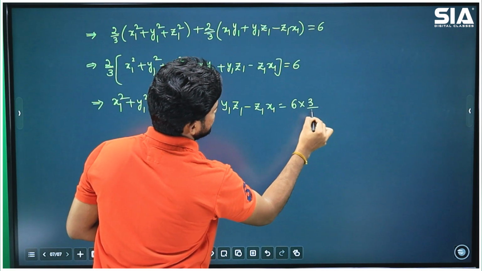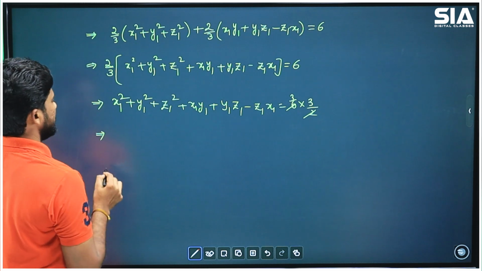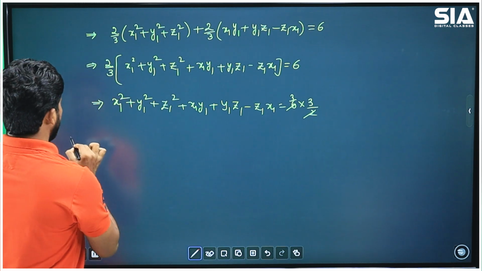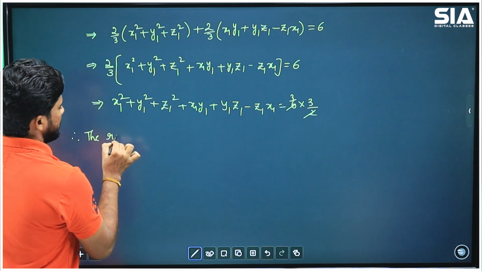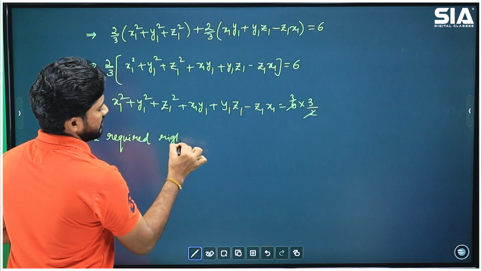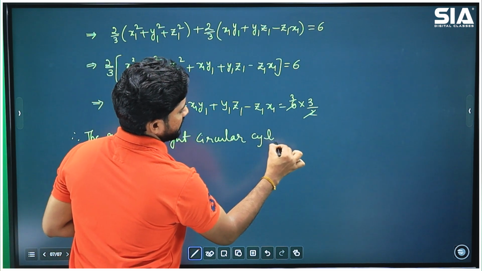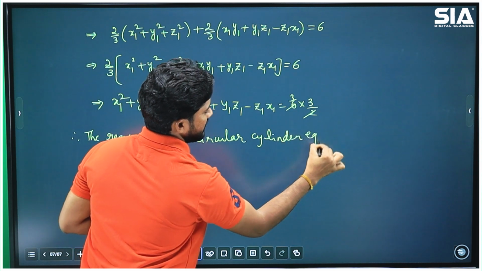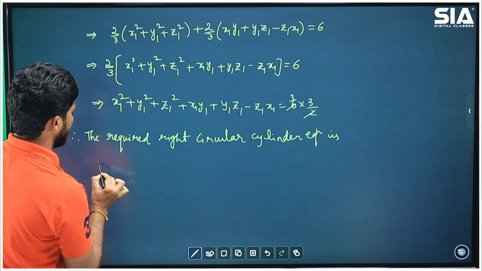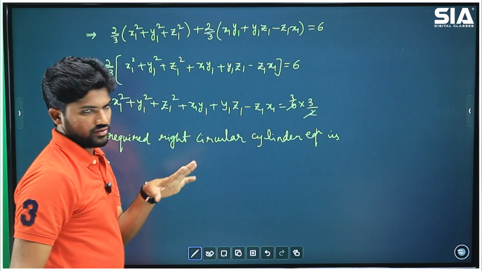6 into 3 by 2 means 2 ones are 2, 3 threes are 9. So now I am writing the required right circular cylinder equation as the final equation. This is the locus of the point P(x1, y1, z1), you know very well.